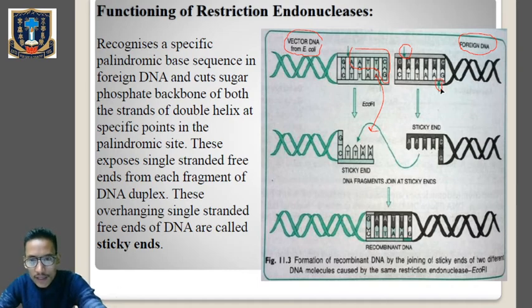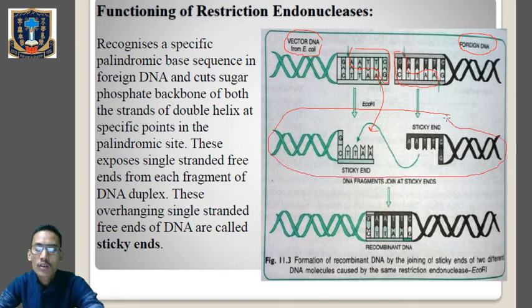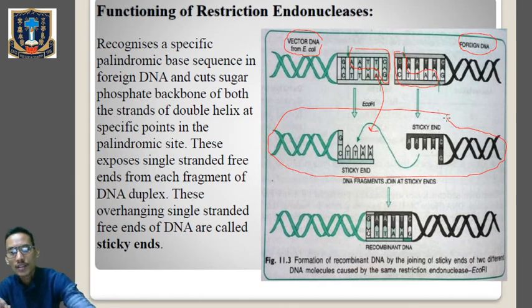Same sequences will be removed from the foreign DNA also. So G was there, then we have C, T, T, A, A, or we can say A, A, T, T, C, which also is removed from the foreign DNA, and we are getting this type of structure after being recognized and cut by the restriction endonuclease enzymes.